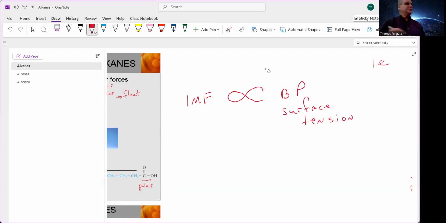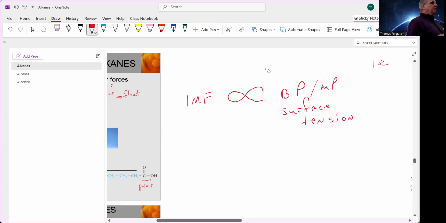Okay, so intermolecular forces are directly related to boiling point, melting point. Usually people talk about boiling point as opposed to melting point, but it's the same thing. And surface tension. So for example, water has a very high IMF.